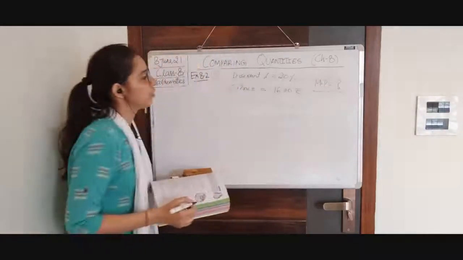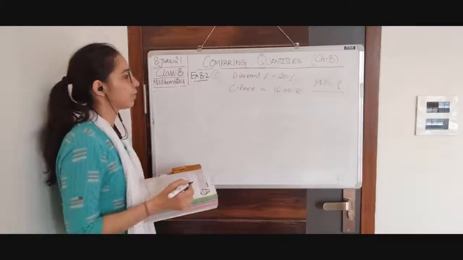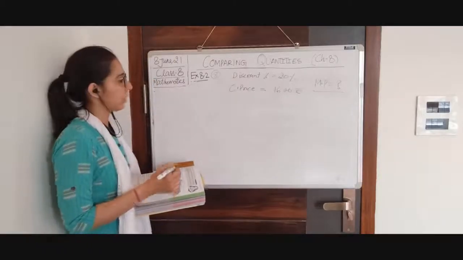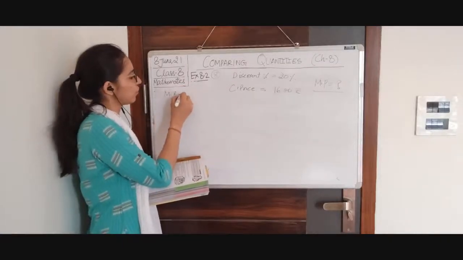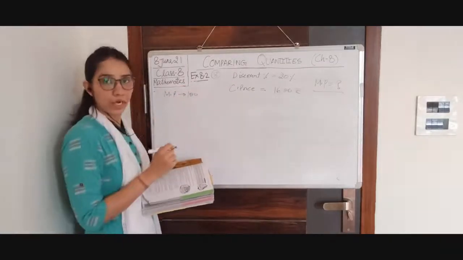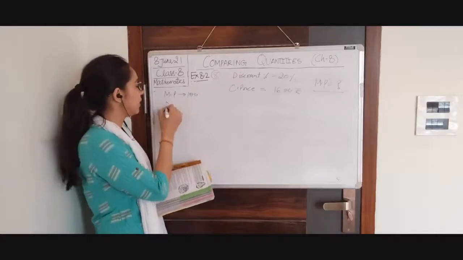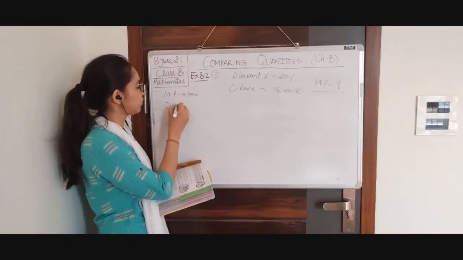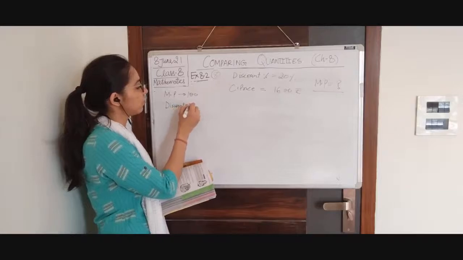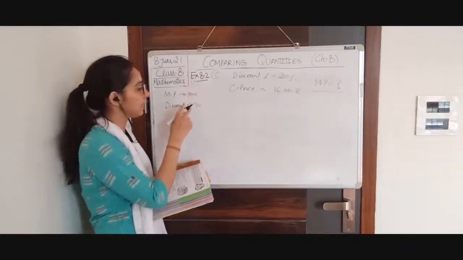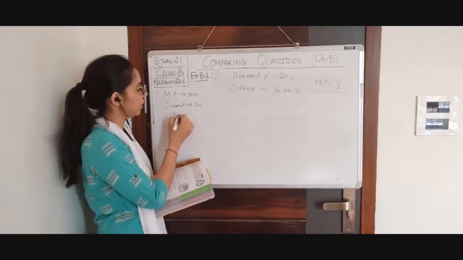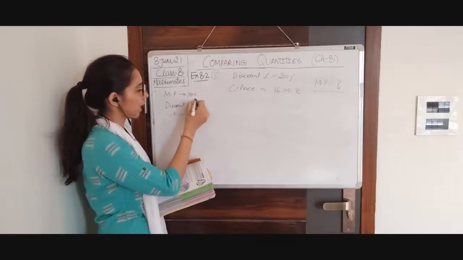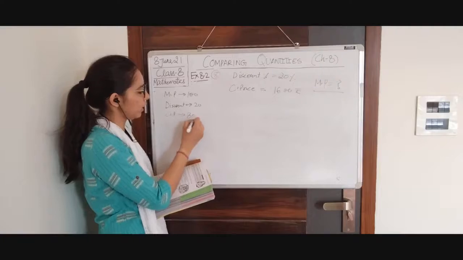As we discussed, discount is on mark price, we will try to understand this. If mark price was 100 and discount is 20, 20% means 20 on 100, so your cost price will be 80. You don't have to pay this money, you have to pay only 80.